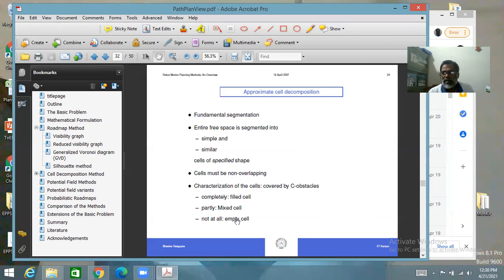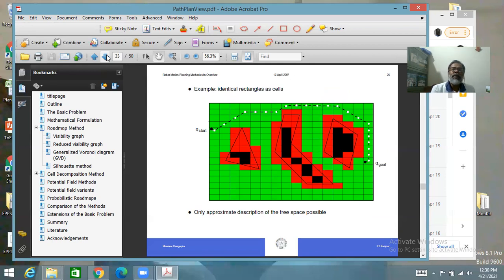Empty is what you like, through that you can plan your path. It is the mixed which is creating trouble, and we will handle it. Before handling that, it is possible to just design a system in which paths will be planned only through the free cells.